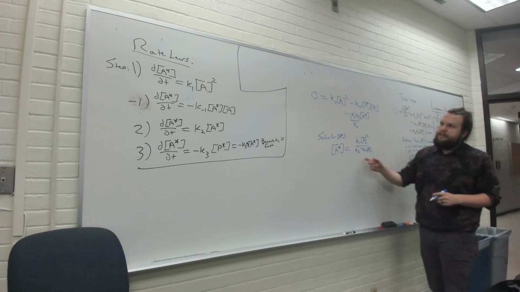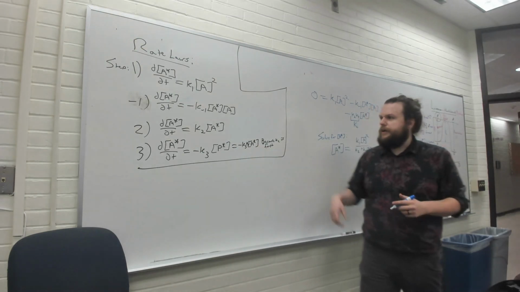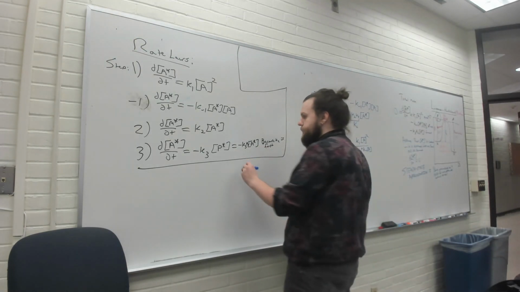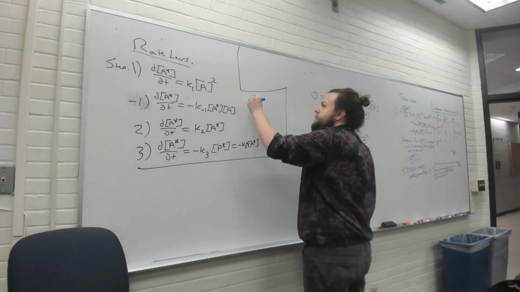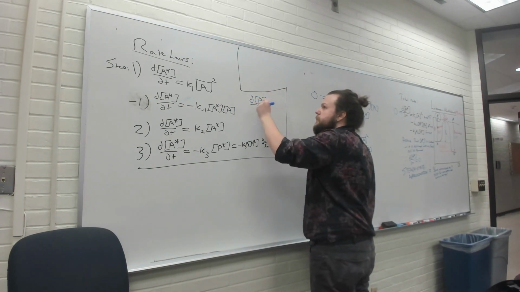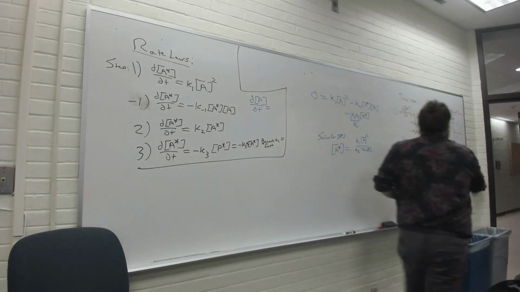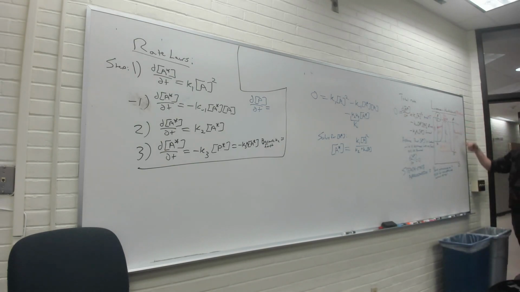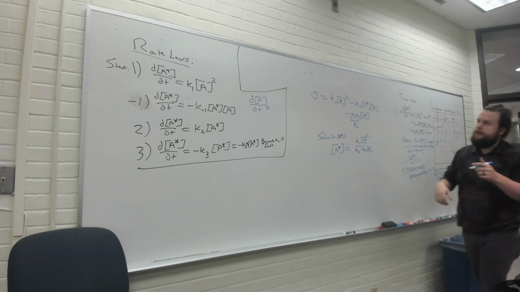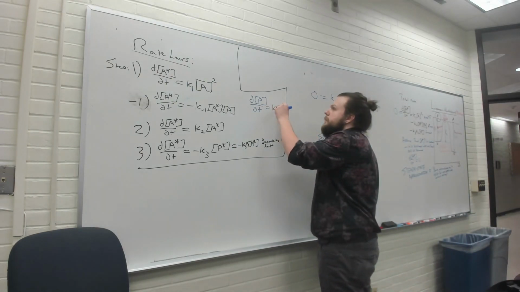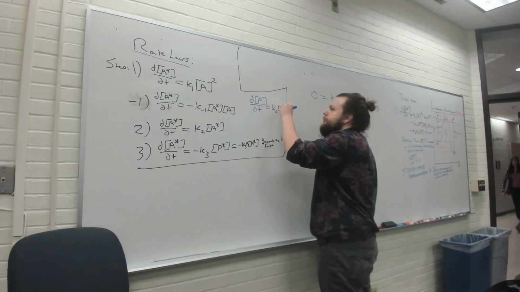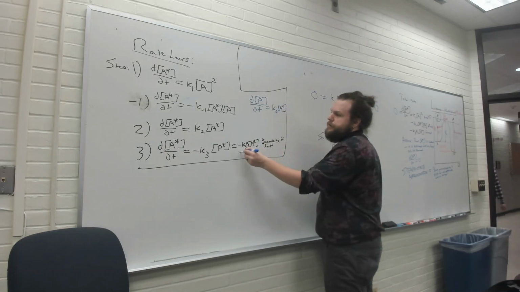If we plug this into our formula for the creation of P, just remember that dP dt is equal to K2, the rate of creation of P, times the concentration of A star. That's what this is.